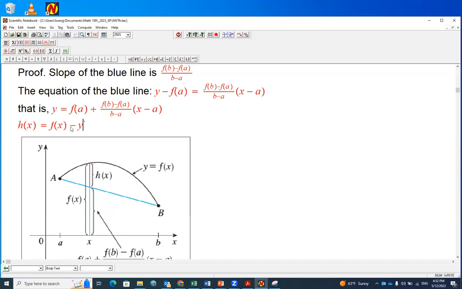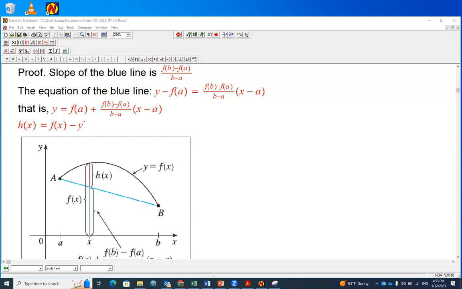The blue line, okay? So the black curve is the function f of x, right? And point by point, we take every point. Let me draw a vertical line. We take point by point, right? So this point is drawn here. Take this point x.